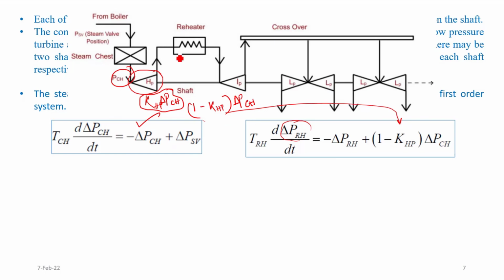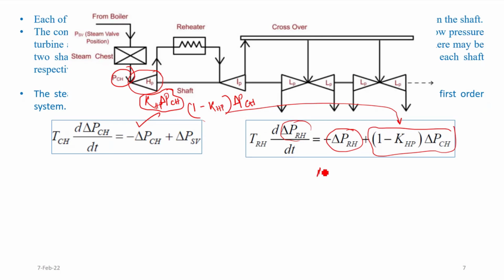So now the input to the reheater is the steam having this much power, that is a fraction of delta P_CH, (1 - K_HP) times delta P_CH. This is your input to the reheater, and this is your output. Now I can write this as a transfer function.